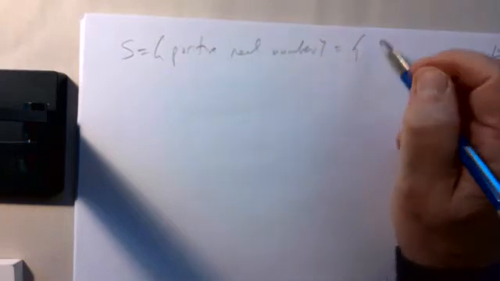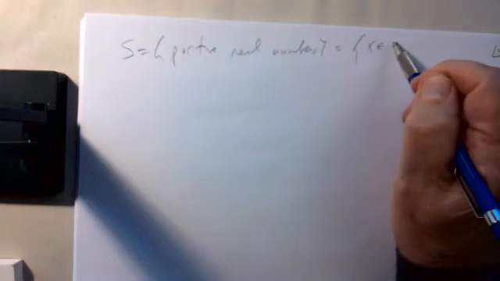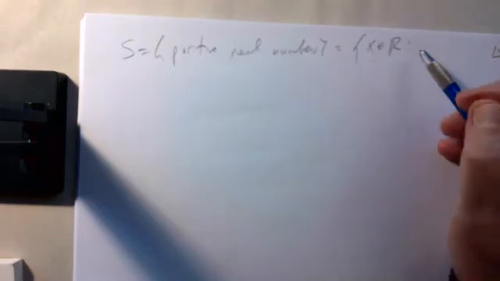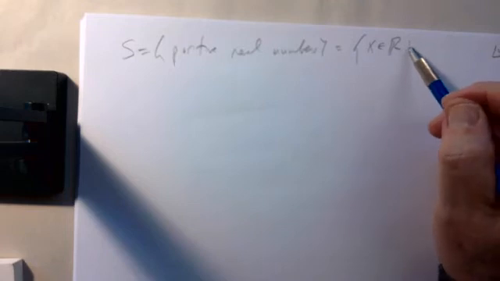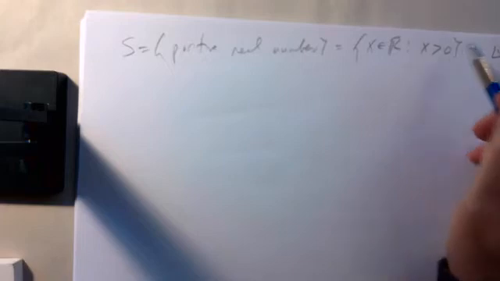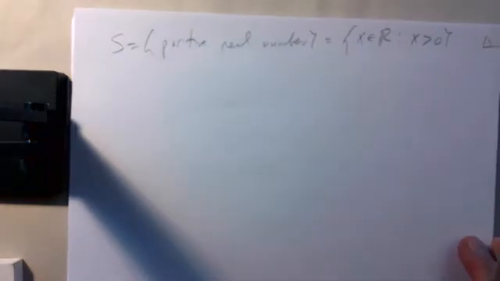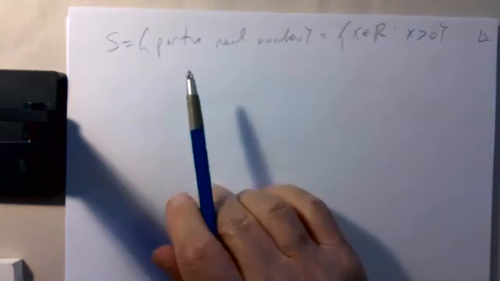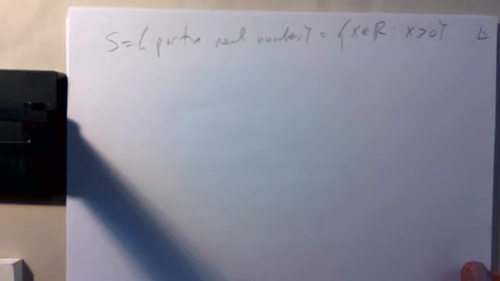That means the set of all X in R, all real numbers X, such that X is greater than 0. The two dots you would often read as "such that." Notice positive means greater than 0. 0 is not positive. So S is the set of all positive real numbers.